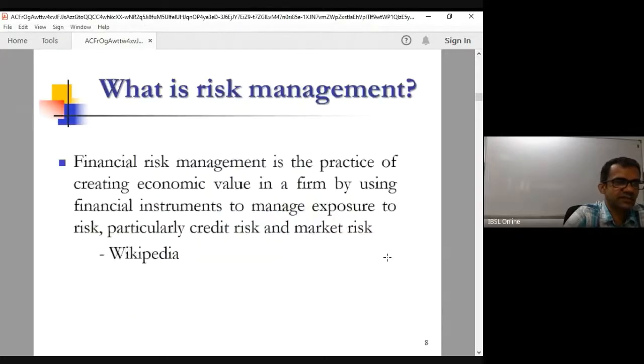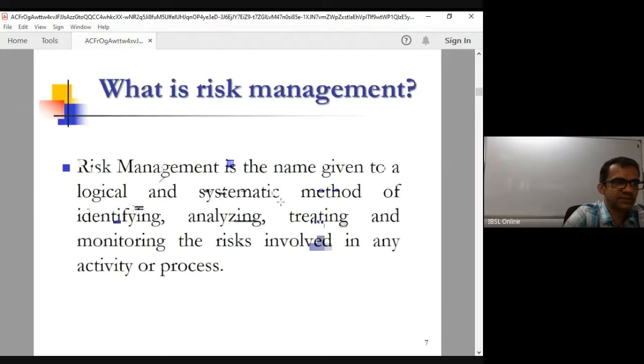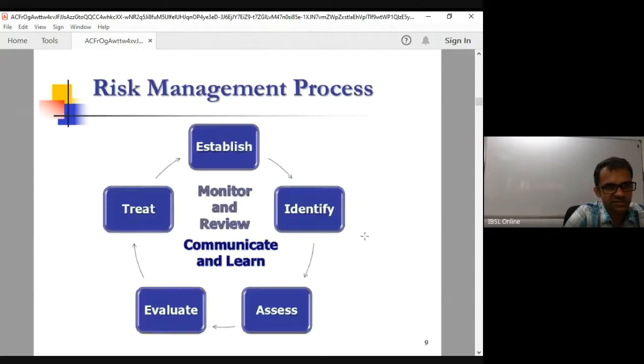As in these definitions, it's a systematic method, a logical and systematic method. So risk management itself is a process. Again, if you read various textbooks, there may be different risk management processes defined in different books.